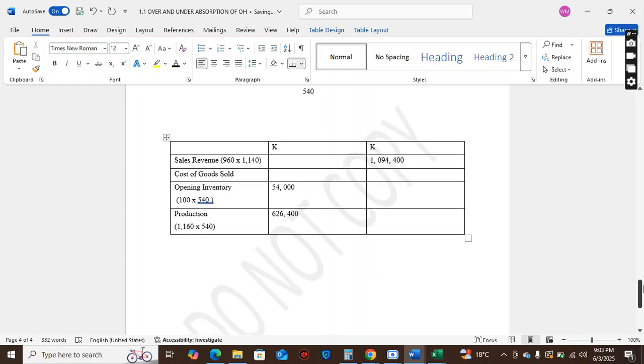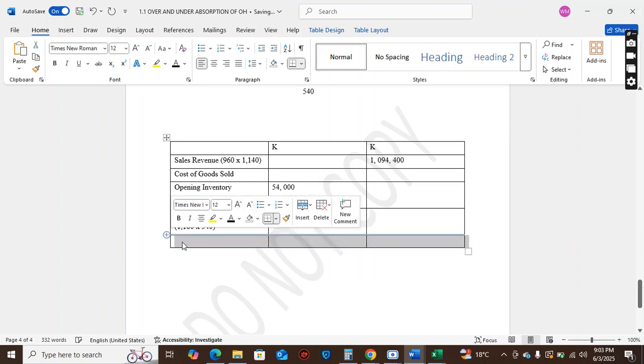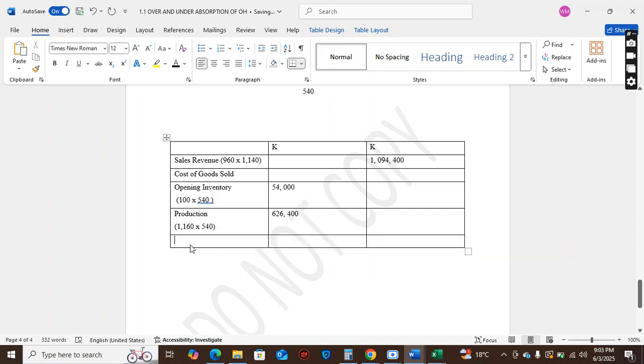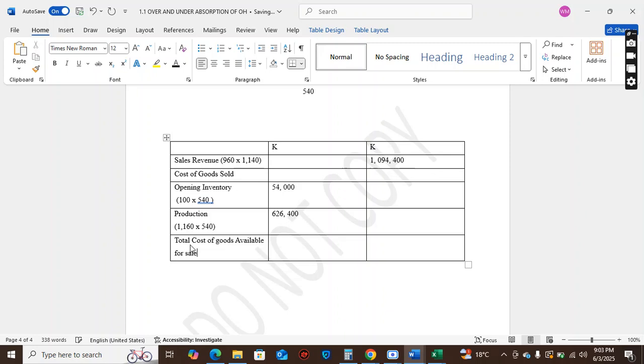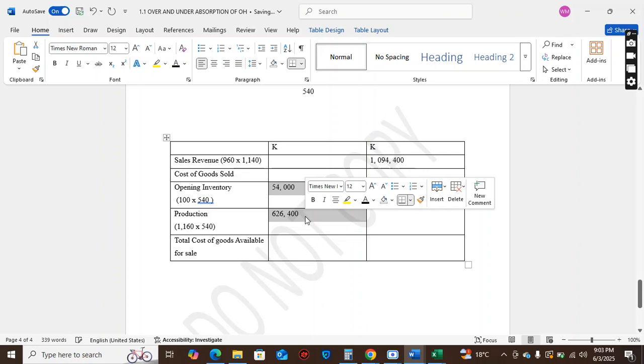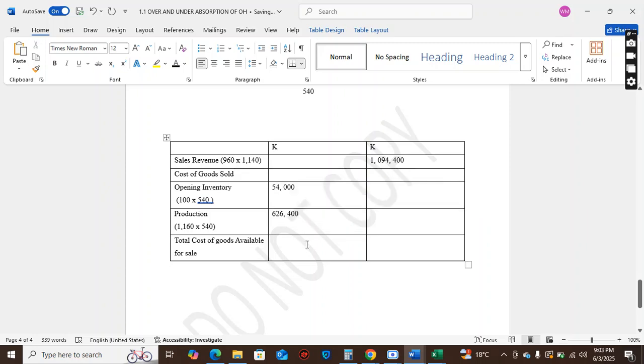So we get the total cost of goods available for sale. 54,000 plus 626,400.